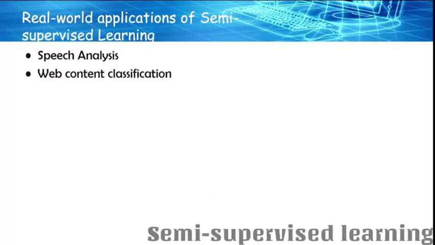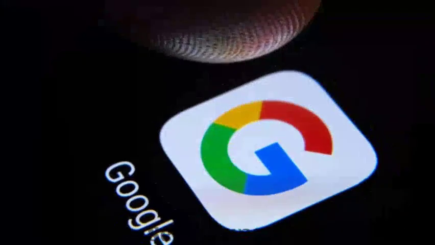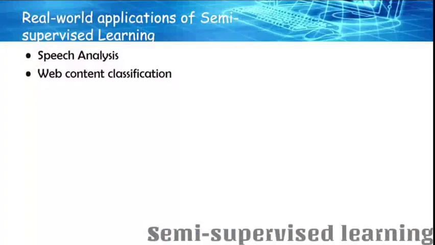So the problem can be reduced through semi-supervised learning. Google also uses semi-supervised learning to rank a web page for a given query, so that's how recommendations are ranked higher.